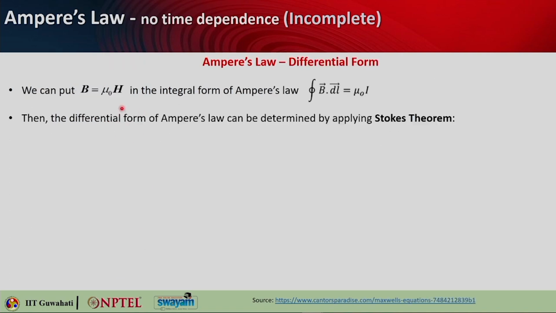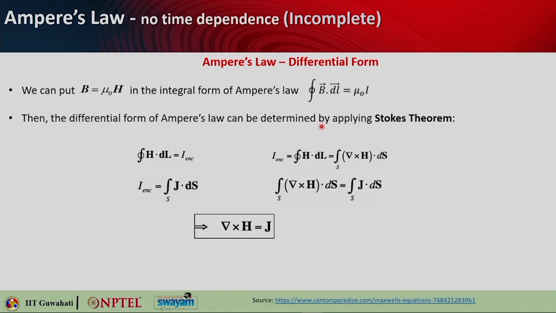You can also put in the relation that you have learned, B equals mu naught H, in the integral form of Ampere's law, and that will also help us get the differential form of this Maxwell's fourth equation.